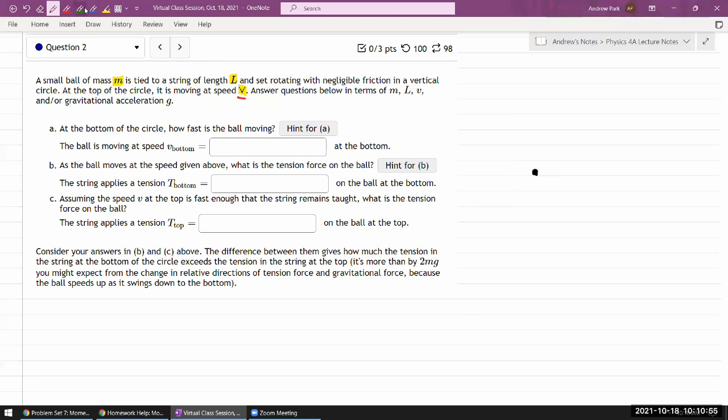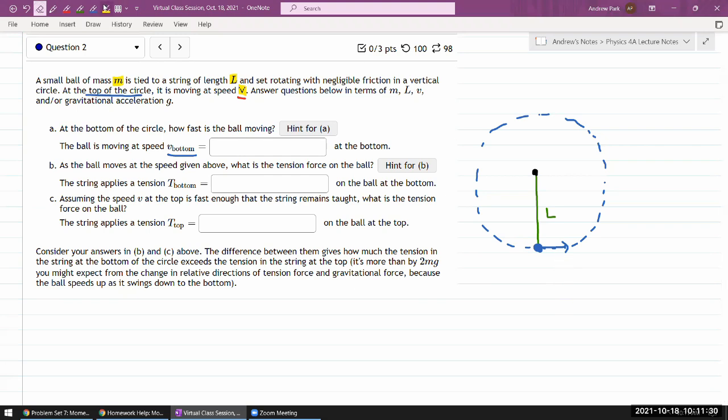So I have some ball of some mass attached to some string of length L, and it's spinning in a vertical circle. So the ball is moving with some speed here, and it looks like it has different labels for different parts of the circle.